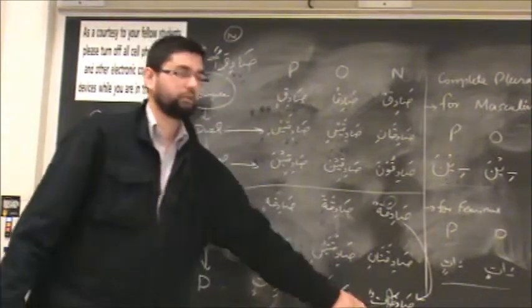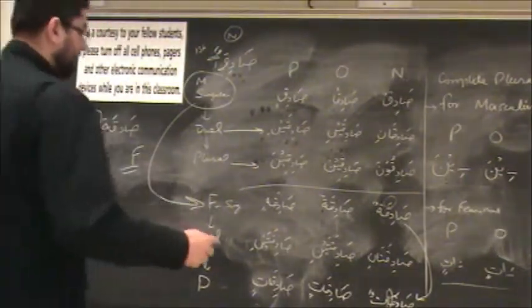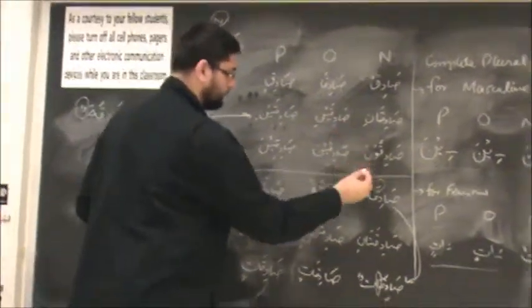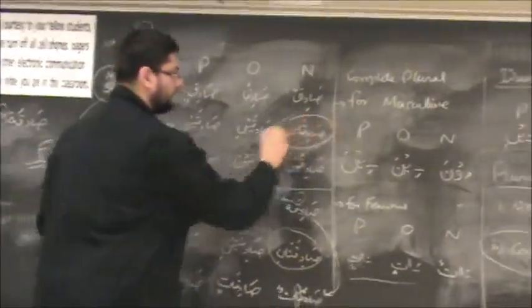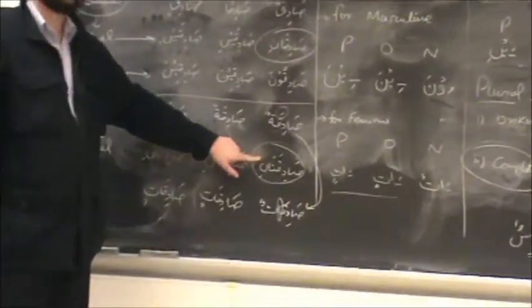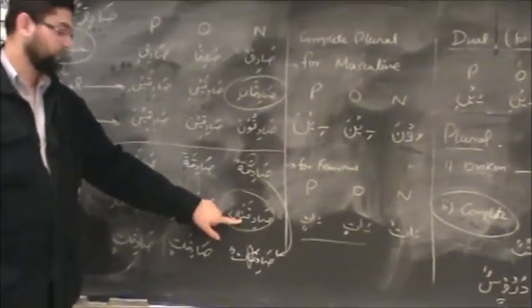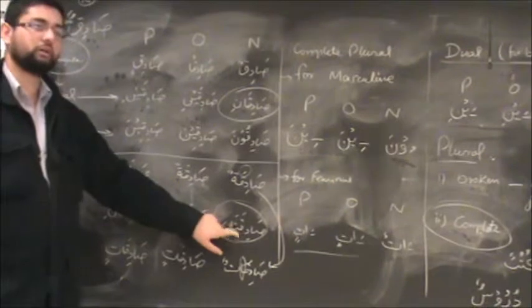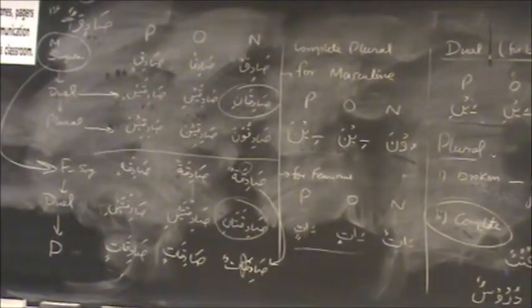Here it's half sound, here it is full sound. Then the other difference is, how would you know if this is female or male? Sadiqani and sadiqatani, this ta is the difference, right? From this ta you know that this is feminine, two truthful women.